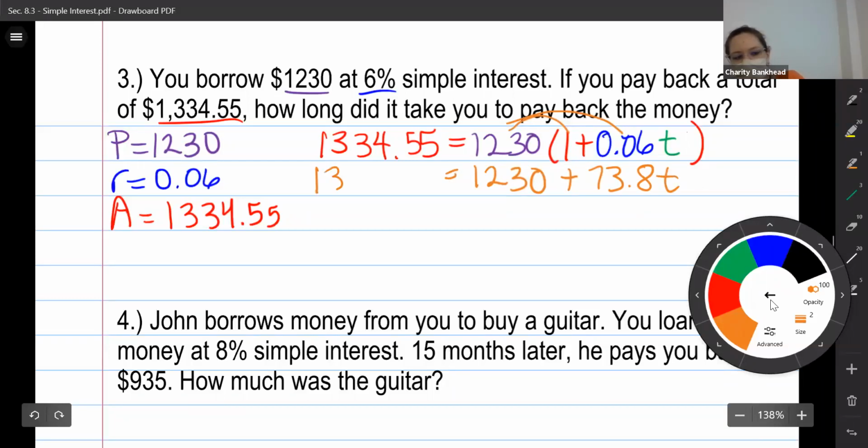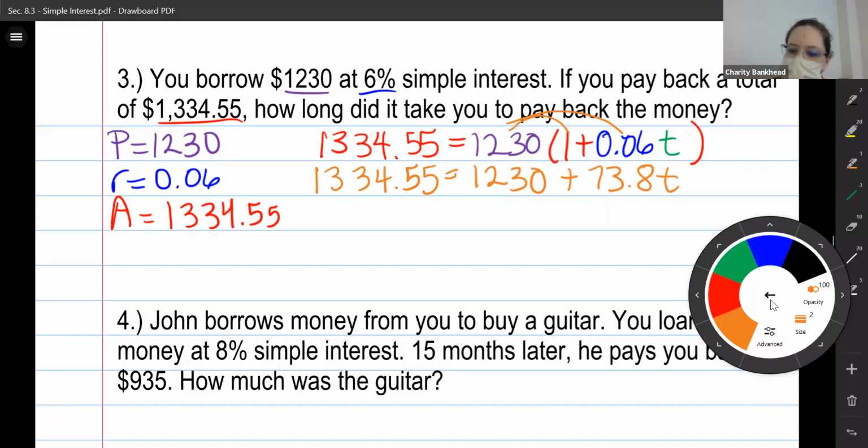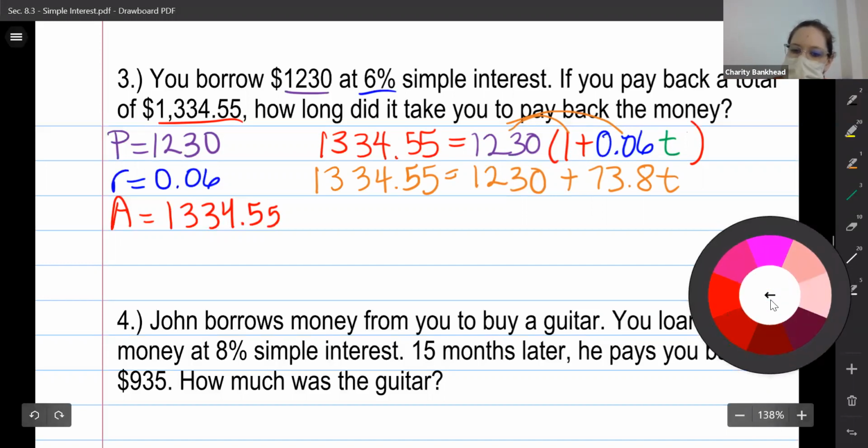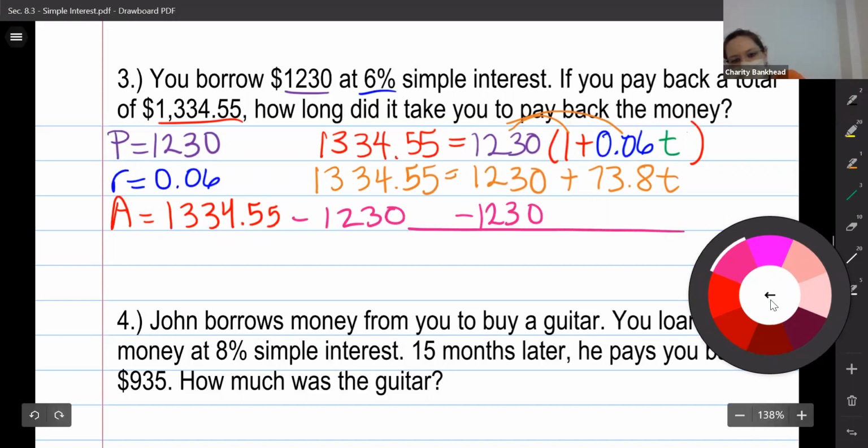So I have 1334.55 equals 1230 plus 73.8 T. So subtract 1230 from both sides. So that's 104.55 equals 73.8 T. So I need to divide both sides by 73.8.